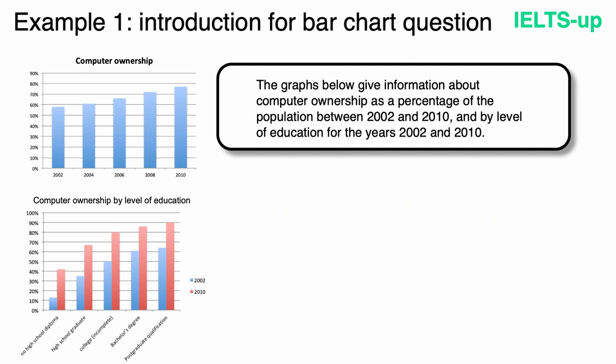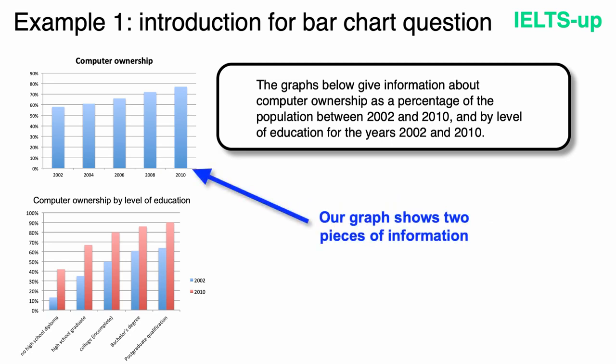In this case, the graph shows 2 pieces of information. A. Information about computer ownership as a percentage of the population. And B. Information about computer ownership by level of education. And the time period is years 2002 and 2010.